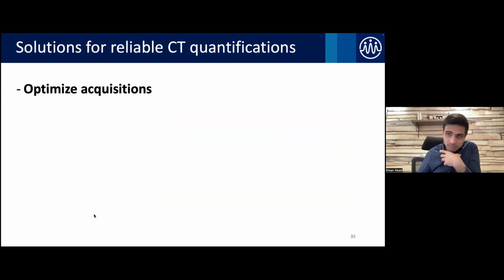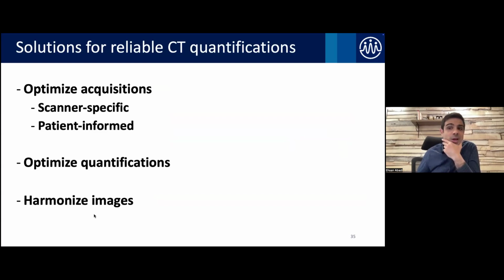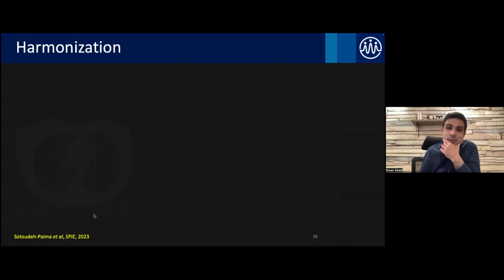Okay, so I briefly talked about the optimizations on the acquisition side and also on the quantification side. But what if we don't have access to the acquisitions prospectively and we are left with data that's already acquired? Is there any hope for harmonizing these images retrospectively so we can relate them to one another?